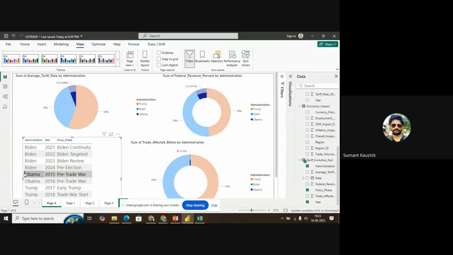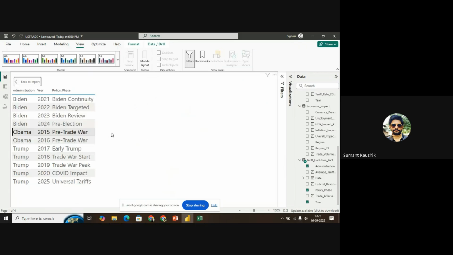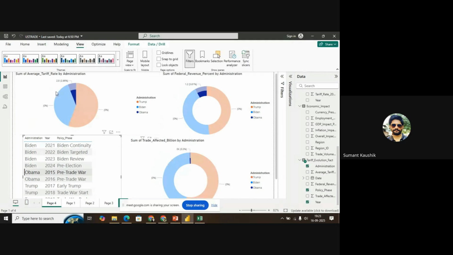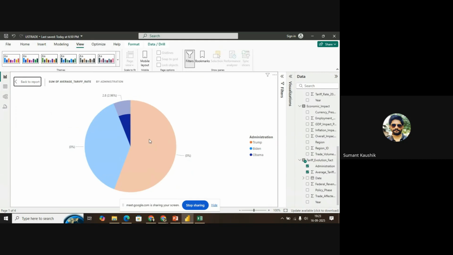Obama administration. So the sum of average tariff: if I see the sum of average tariff, it is about 2.8%, 2.9%. So this was the sum of average tariff, as you can see. 2.8%, 2.9%.